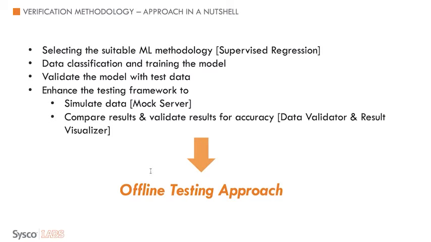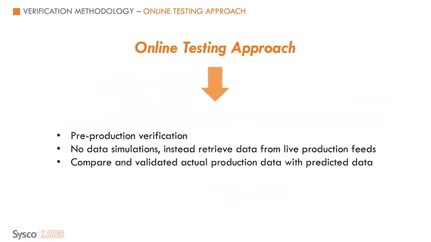So when I say this is the offline testing approach, you would wonder what the online testing approach would be. It's nothing but we move all these steps into the production site, or a pre-production environment. In certain cases, we call it a staging environment. We don't have mock servers there.